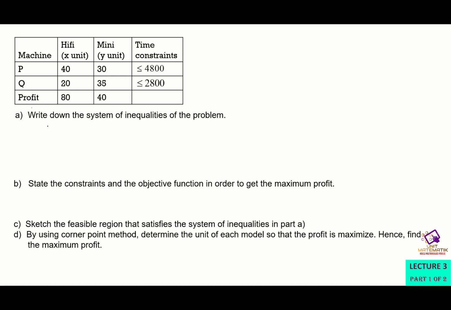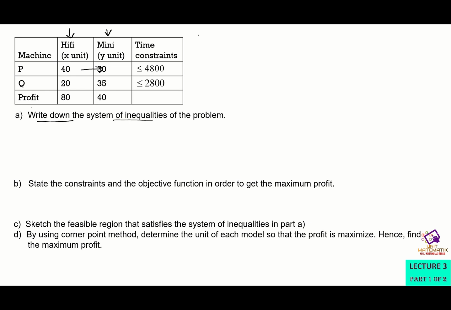Next we have A. Write down the system of inequalities of the problem. So here usually students seem confused on how to add the variables X and Y. The idea is so simple. Since your X and Y is in the column, so you can see here your X is in the second column and your Y is in the third column. So what you should do, you should add them across the column like this.